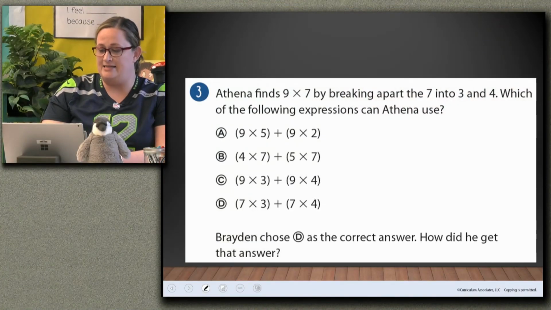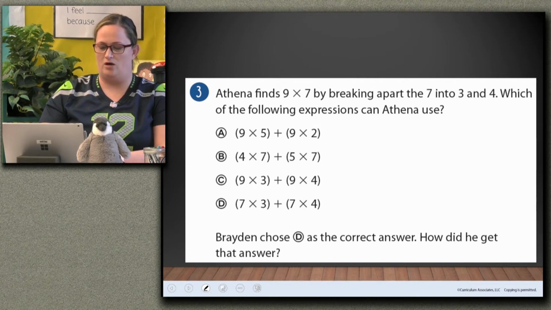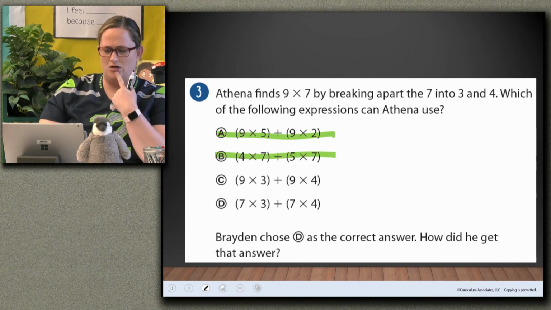Athena finds 9 times 7 by breaking apart the 7 into 3 and 4. Which of the following expressions can Athena use? Well, if she broke 7 into 3 and 4, does A show 3 and 4? No. Does B show 7 broken into 3 and 4? Nope. Does C show 7 broken into 3 and 4? Here's the 9.